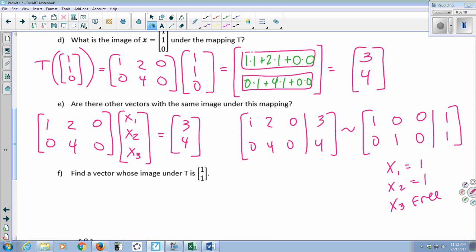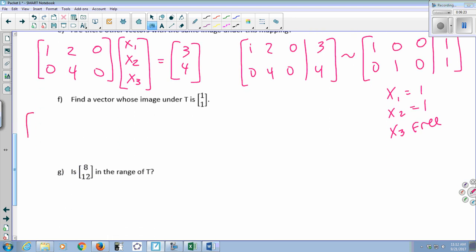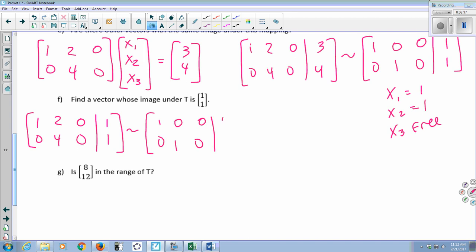All right, if I want to find a vector whose image is 1, 1, same thing. Set up an augmented matrix, 1, 0, 2, 4, 0, 0, augment with the image 1, 1, and row reduce. And I get 1, 0, 0, 1, 0, 0, 1 half, 1 fourth.